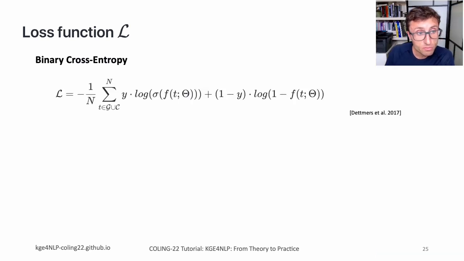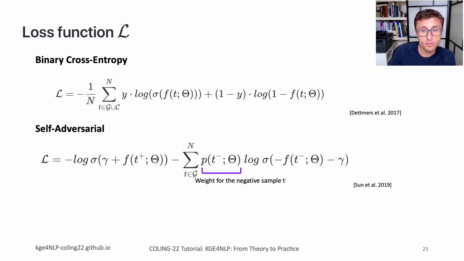Again, this is yet another form of loss function, but there are many more. Like, we can use binary cross entropy, or we can adopt something proposed in the RotatE paper in 2019. It's called self-adversarial loss, where we consider as well the weight for the negative sample in the mix.